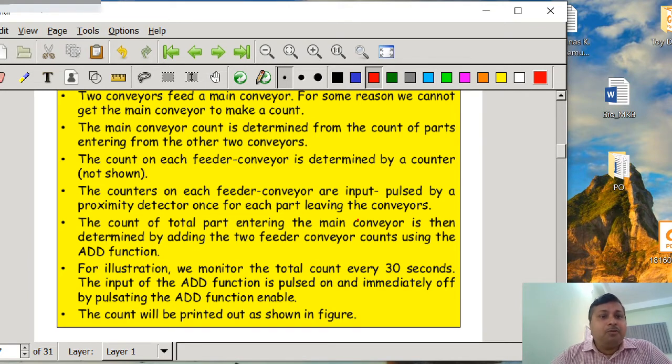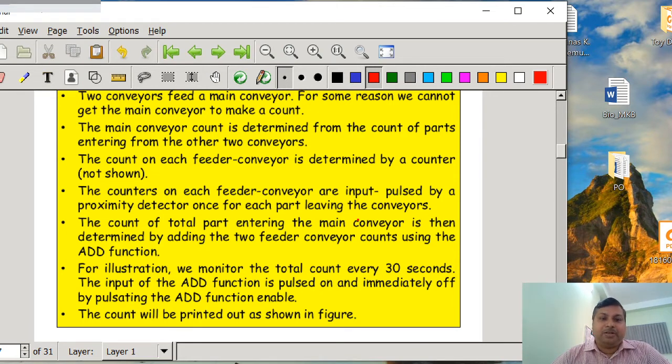The count on each feeder conveyor is determined by a counter. The counters on each feeder conveyor are input pulsed by a proximity detector once for each part leaving the conveyor. The count of total parts entering the main conveyor is then determined by adding the two feeder conveyor counts using the add function.